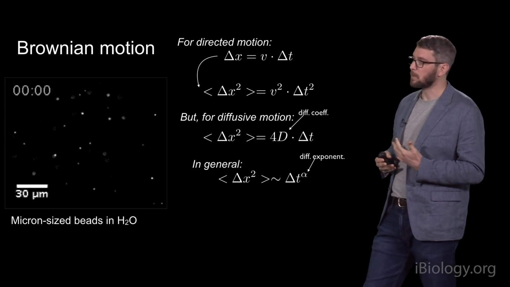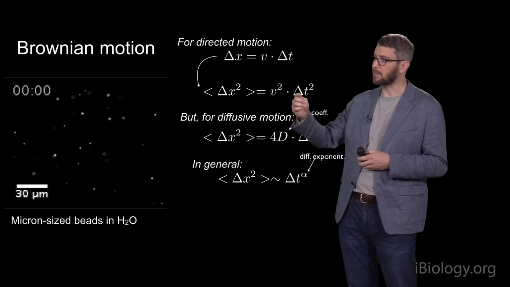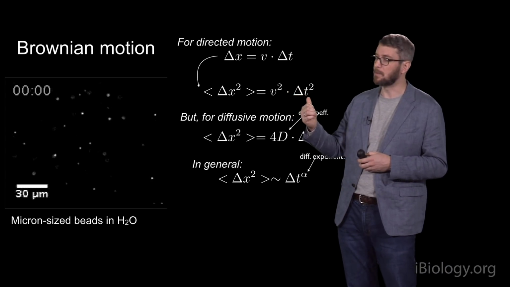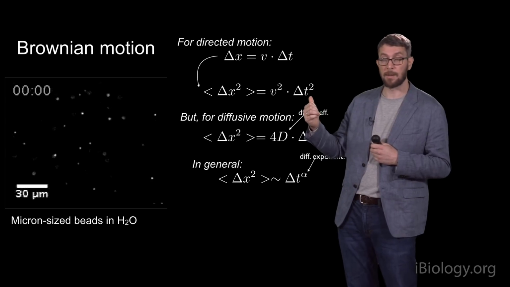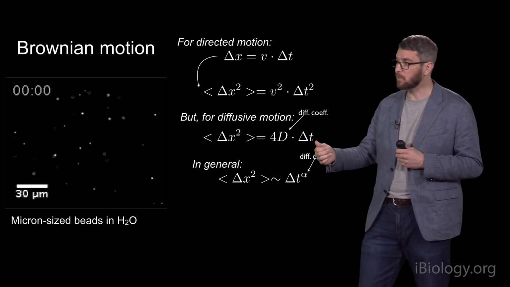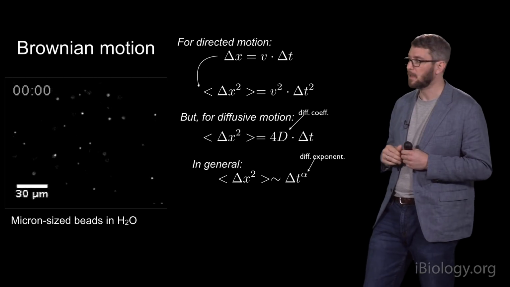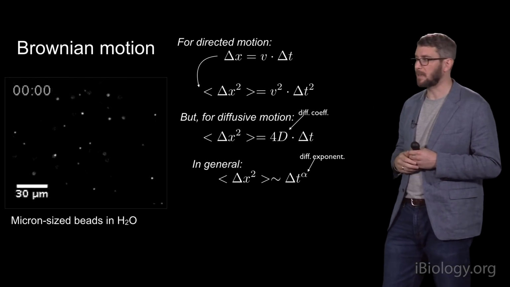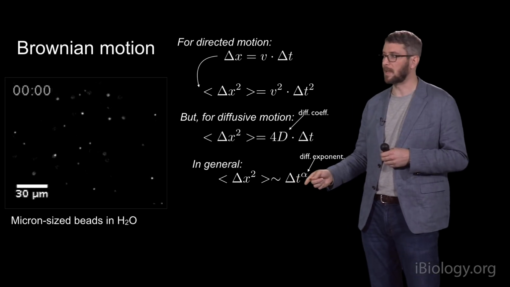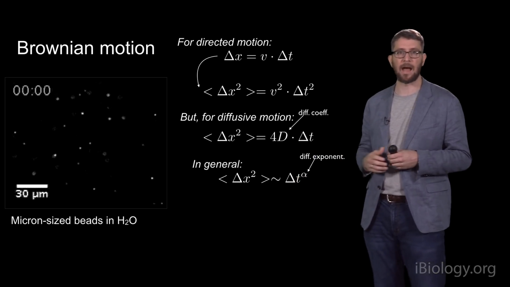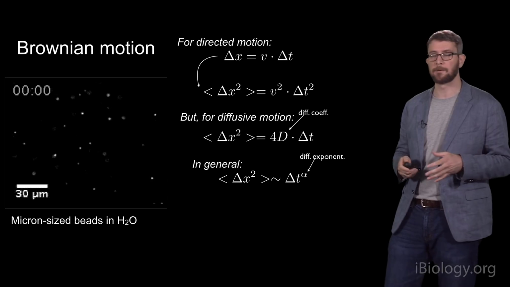In general, this idea, though, that directed motion has the mean squared displacement delta x squared going like time squared versus diffusive motion where it just goes like time, you can have something in between in some cases. So in general, we would write the square of the displacement goes like time to some power alpha, which we'll call the diffusive exponent.